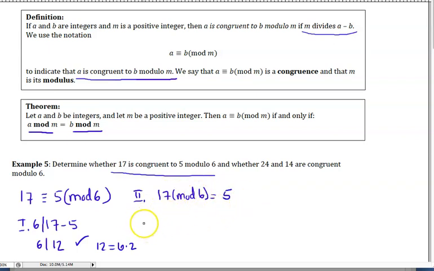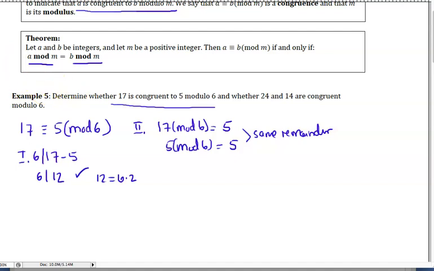And if I do 5 divided by 6, I get 0 with a remainder of 5. So same remainder. That means 17 and 5 are congruent to each other in modulo 6.